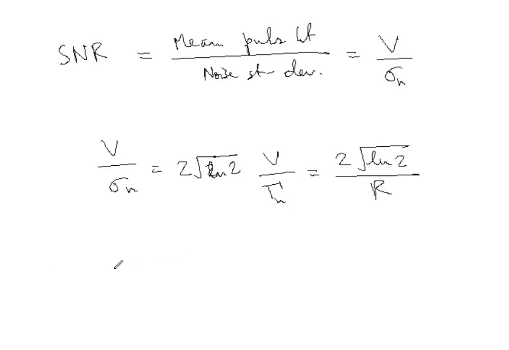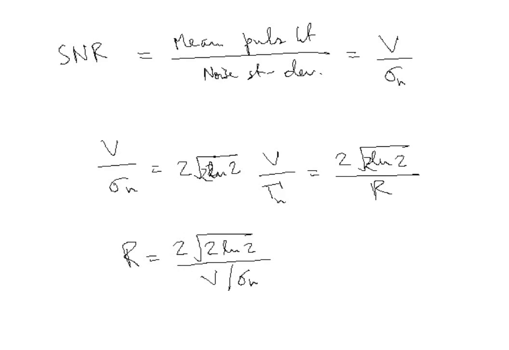So as a result, let me write down finally R. We can write R equal to 2 ln2 divided by V by sigma n. And this shows that the higher the signal to noise ratio is, the better the energy resolution becomes, other things being equal, of course.